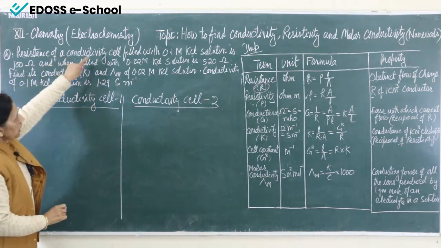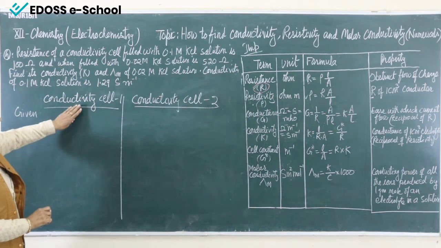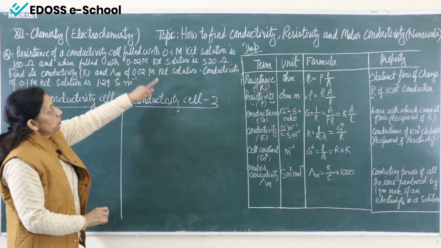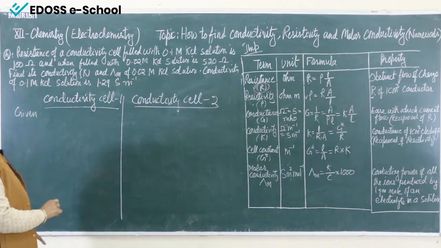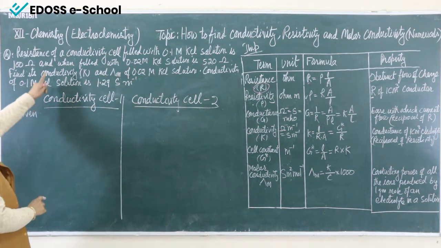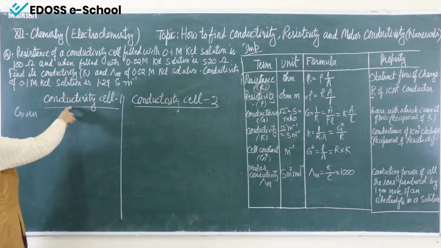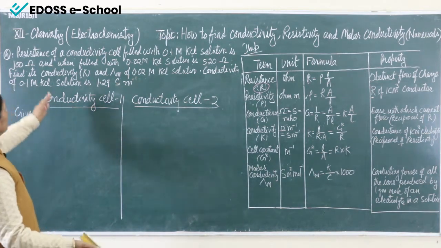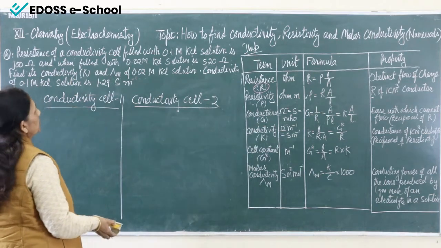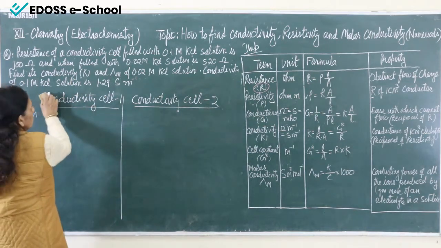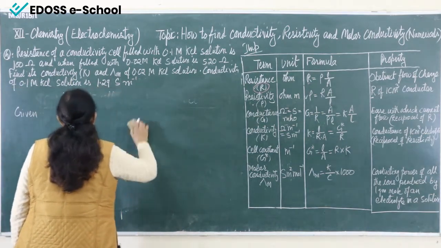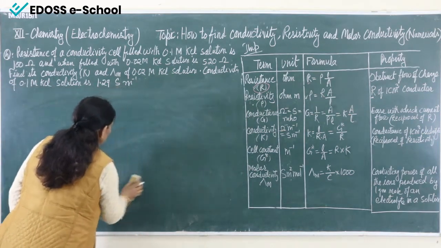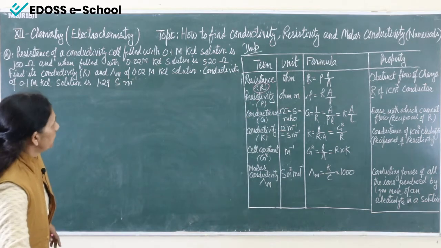Suppose this is the first cell, filled with 0.1 M KCl solution. But here in this question we don't need to take two different conductivity cells, we have to take two different concentrations. In this way we will do it.